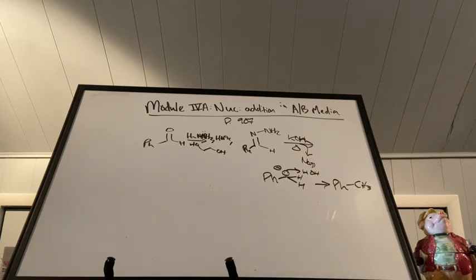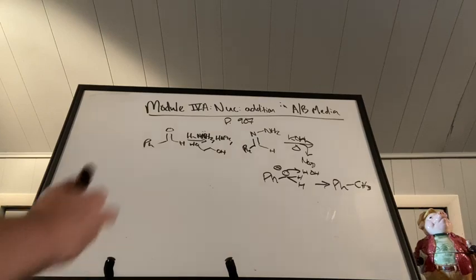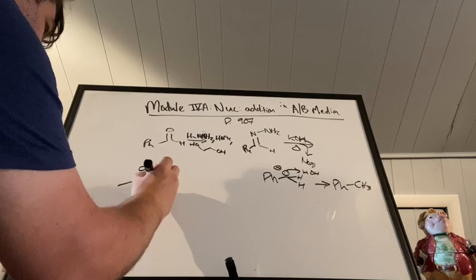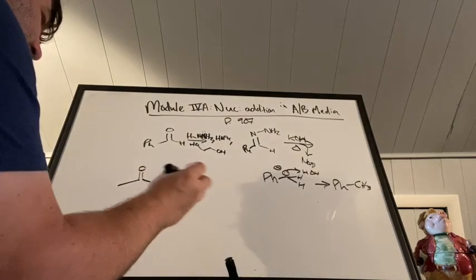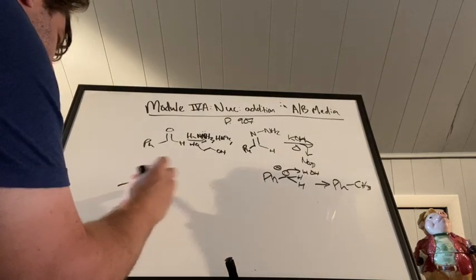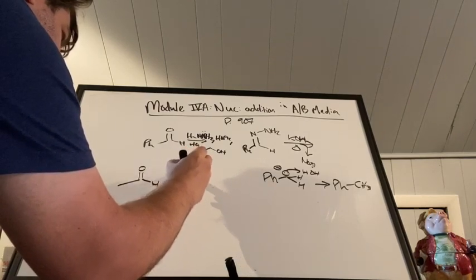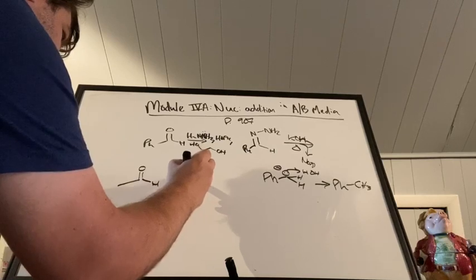We're going to get into carbon-carbon bond formation via aldol condensation. So in other words, we're going to go with a symmetric aldol condensation. So we'll use NaOH as our base. So we're going to form an enolate.